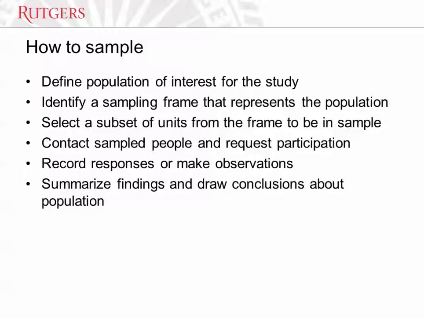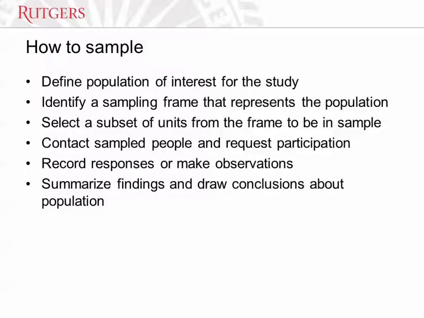We need to request their voluntary participation, and that means some people may or may not choose to be in the study. So not everybody selected ends up in the sample, because of the need to reach them, inform them and get their participation.